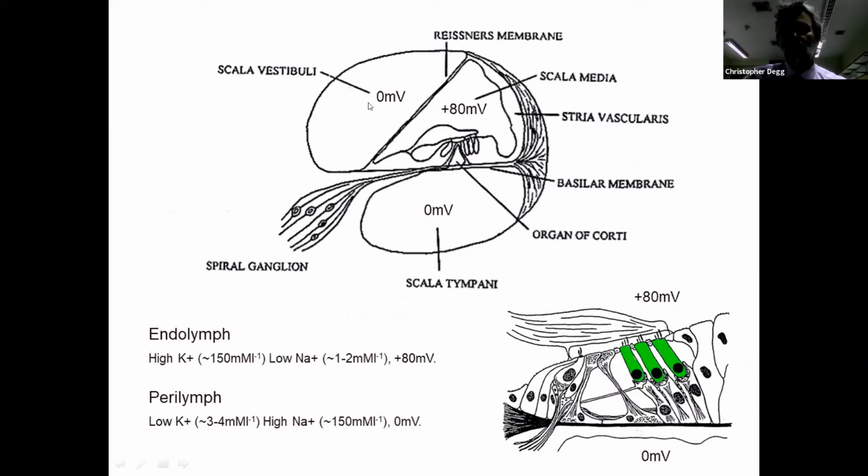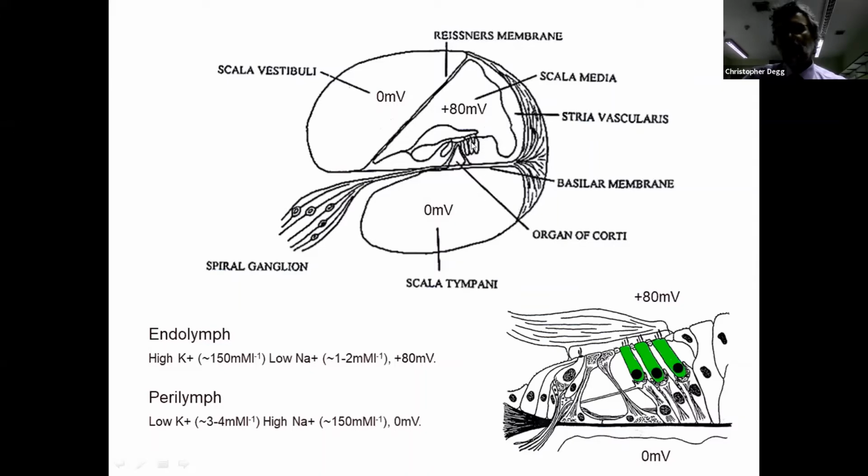So these two share the same fluid called perilymph. And the middle tube, it's like a tube inside a tube, this has got different fluid called endolymph. And the different ionic composition of these two fluids creates a big battery between that one and this one. So there's a big battery of about 80 millivolts sitting in the cochlea.